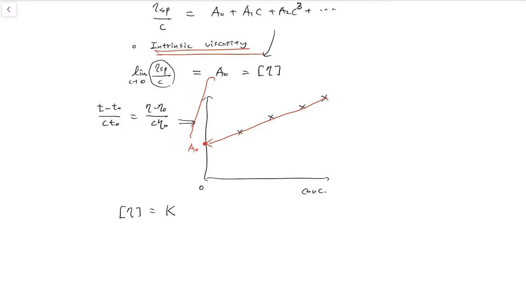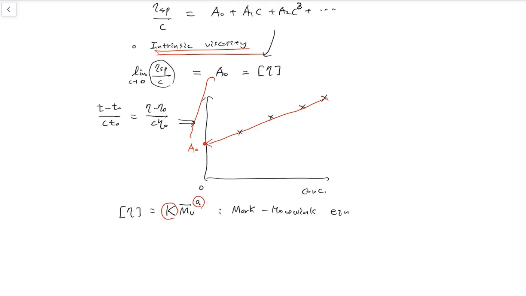It has a relation following this equation: some constant times the viscosity average molecular weight to the A. This equation is called the Mark-Houwink equation.